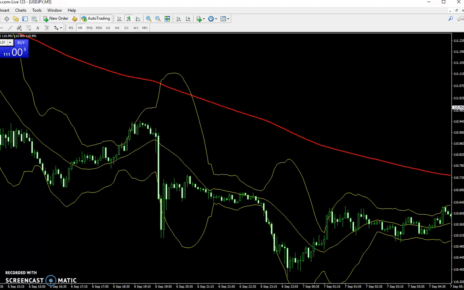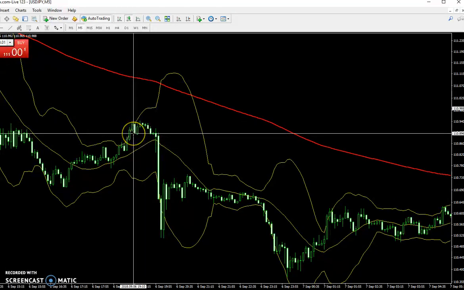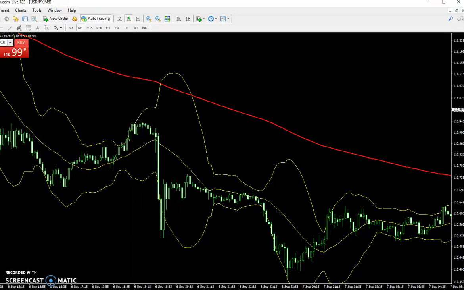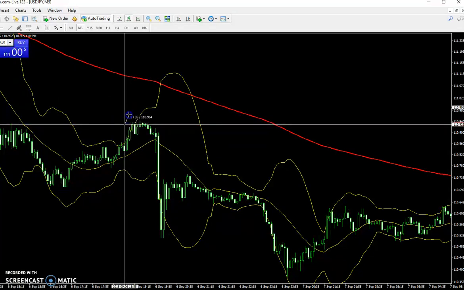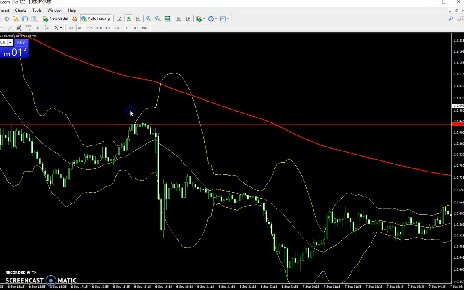Here too, it didn't really touch the upper band, but a good stop loss point is you have to give it some room to breathe. Take the high of this candle and maybe give it a few more pips, like 3 or 4 pips, so your stop loss would be around here. Let's say 5 pips.